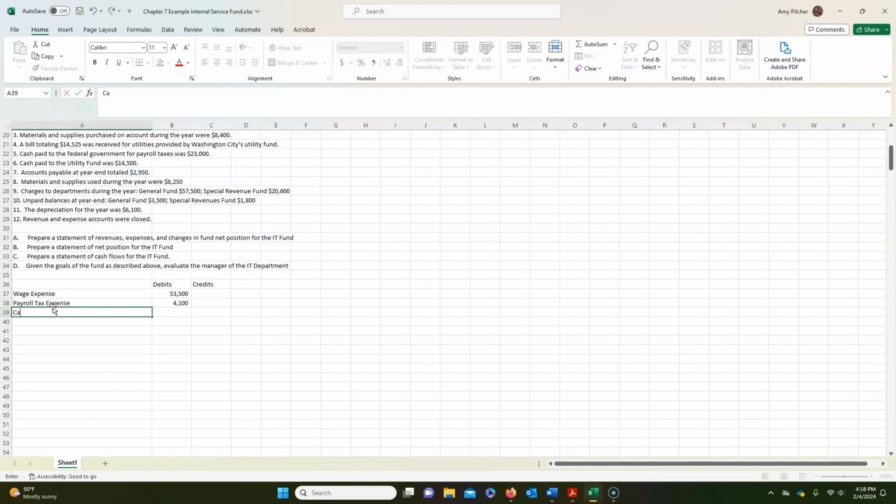And we paid cash for payroll. And we paid taxes to the federal government. We're going to remit payroll taxes to the federal government.